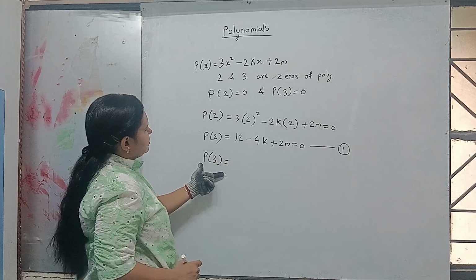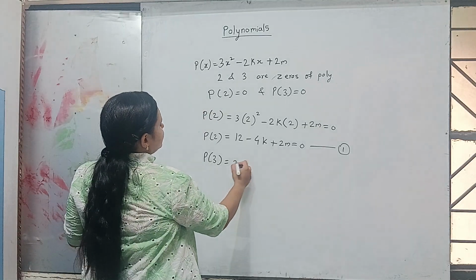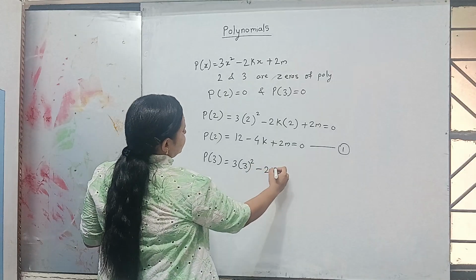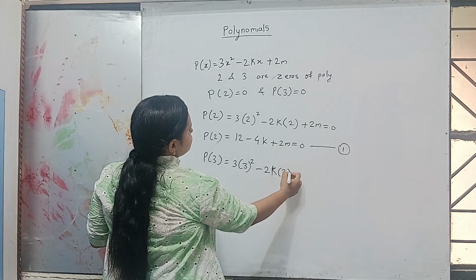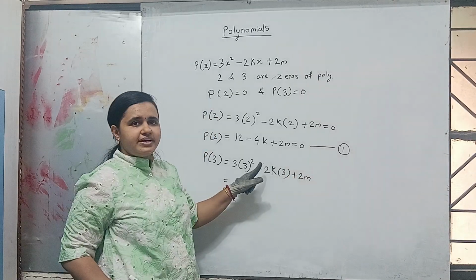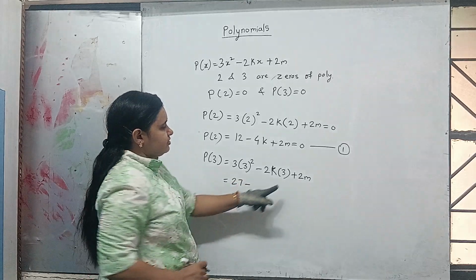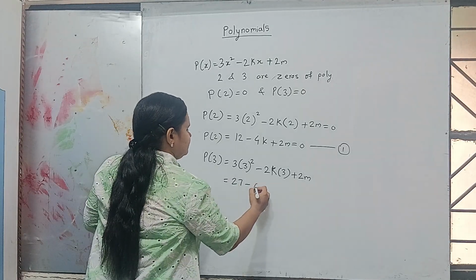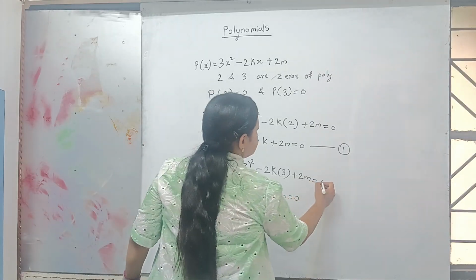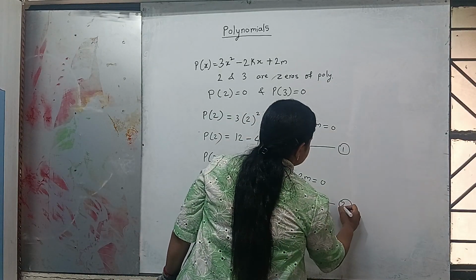P of 3 will be 3 multiplied by 3 square minus 2k times 3 plus 2m. 3 square is 9, 9 multiplied by 3 is 27, minus 2 3s are 6k plus 2m is equal to 0. So we have got our second equation.